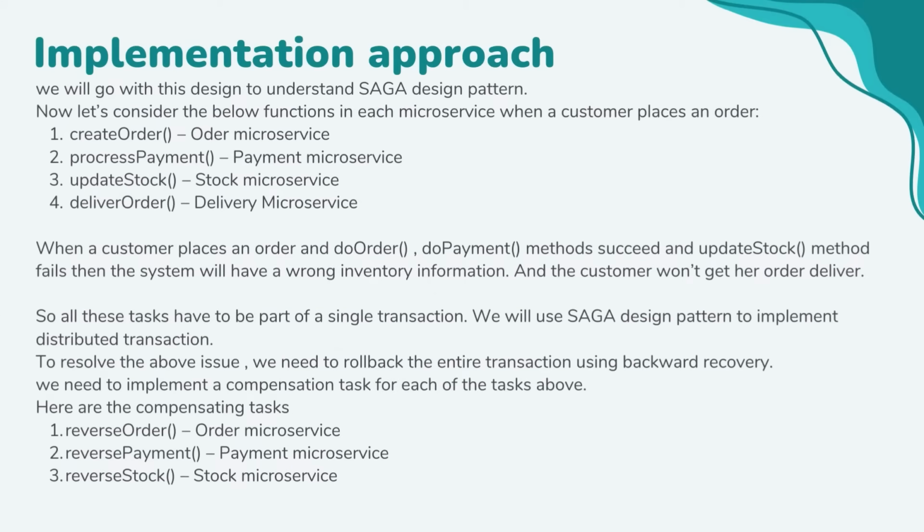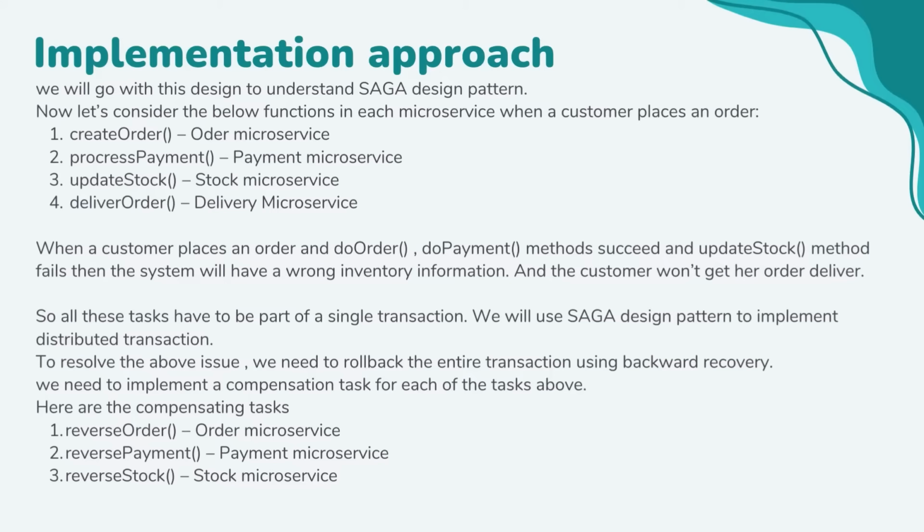So now the implementation approach, what approach can we take? Let's consider the functions of each microservice when a customer places an order. For example, the order microservice has create order, the payment microservice has process payment, the stock microservice has the update stock method, and the delivery microservice has deliver order.